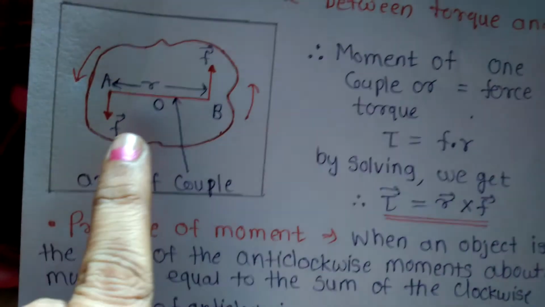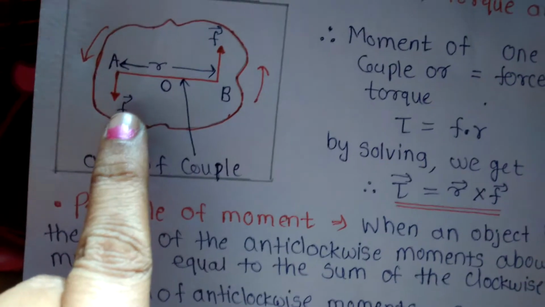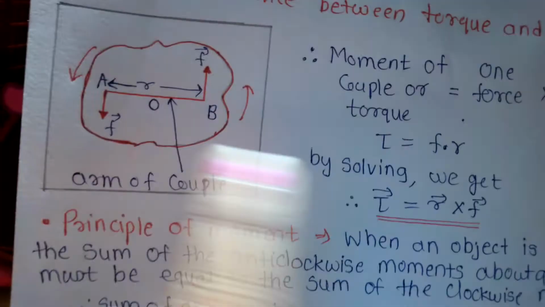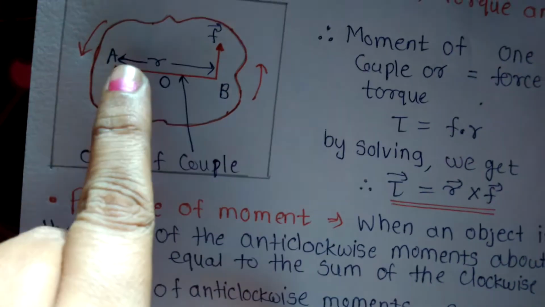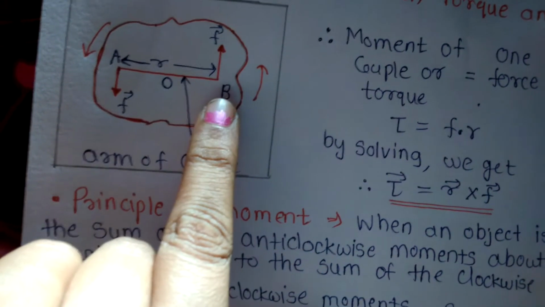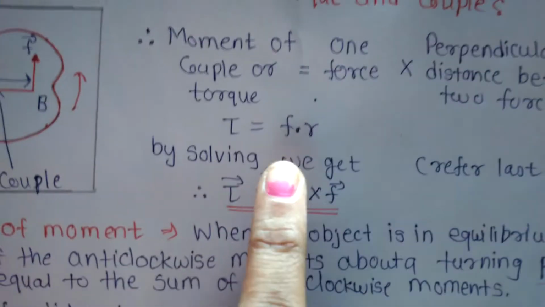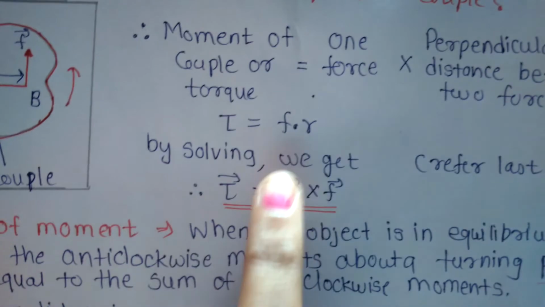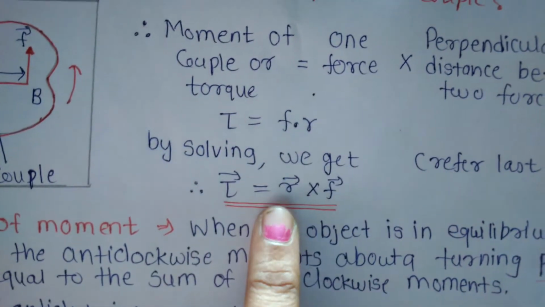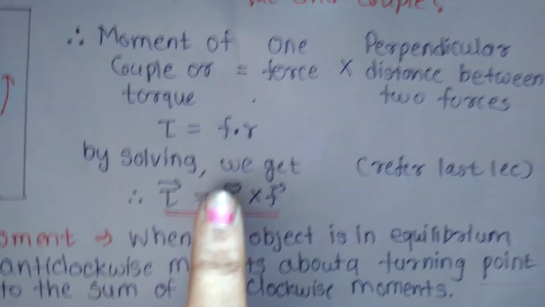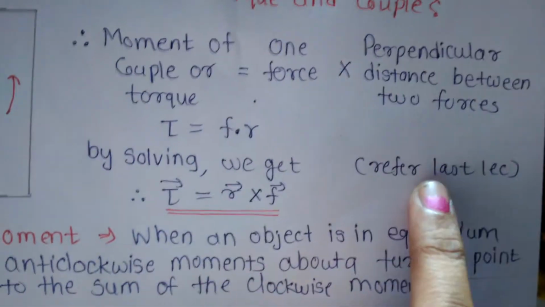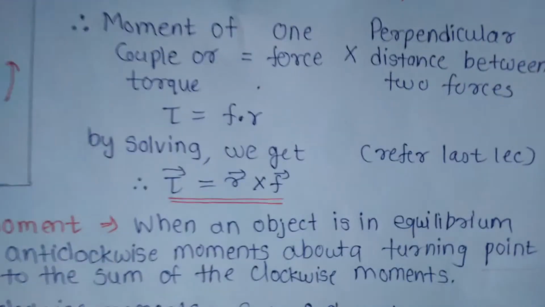One force means the magnitude of both forces is equal, so it is F, and the perpendicular distance between the two points where the forces act is r, so F into r. By solving we get tau vector equal to r vector cross F vector. To understand this step, please refer to my last lecture.